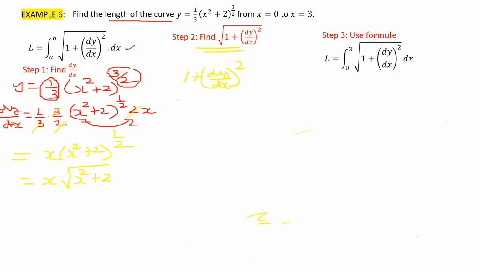So let me substitute the value here. That will give you 1 plus (x times square root of x squared plus 2), this all power 2.